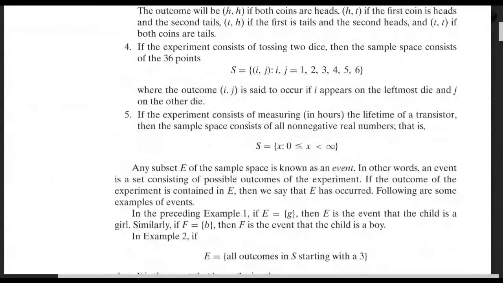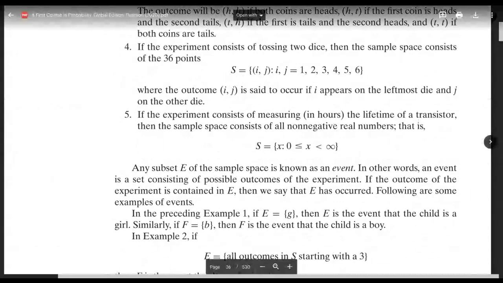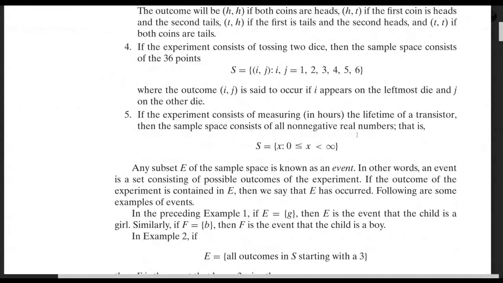This experiment consists of measuring in hours the lifetime of a transistor. Then the sample space consists of all non-negative real numbers. So X can be from 0 to past infinity hours. It's continuous. We're going to talk about the continuous variable.